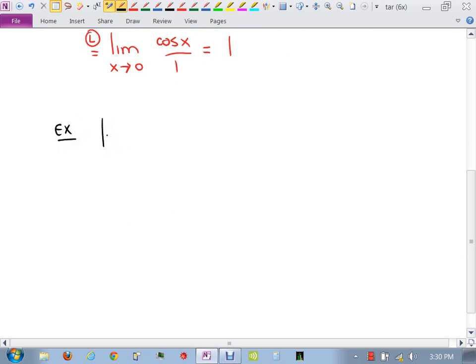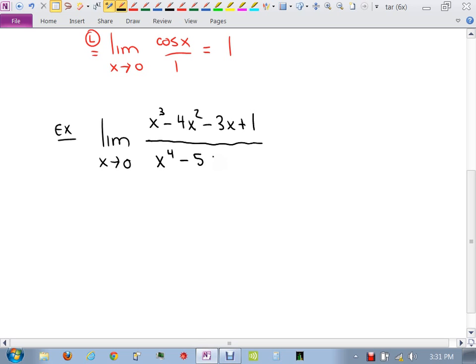How about this one? Limit as x goes to 0 of x cubed minus 4x squared minus 3x plus 1 over x to the 4th minus 5x squared plus x.